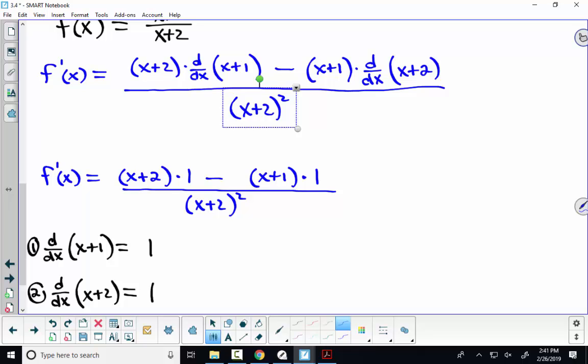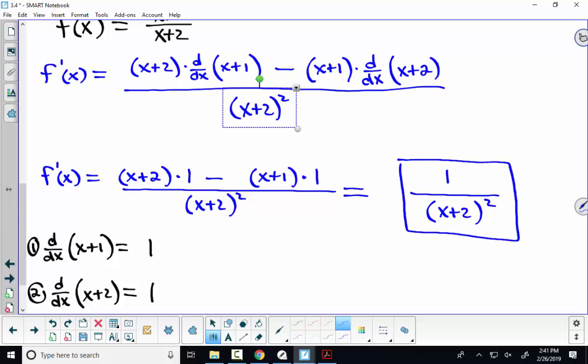Again, that's the bottom times the derivative of the top minus the top times the derivative of the bottom. We see that in this instance, that will actually simplify. We've got our x plus 2 minus x. The x's are gone. We've got a 2 minus 1, which is 1. So it simplifies to 1, and that's our derivative.